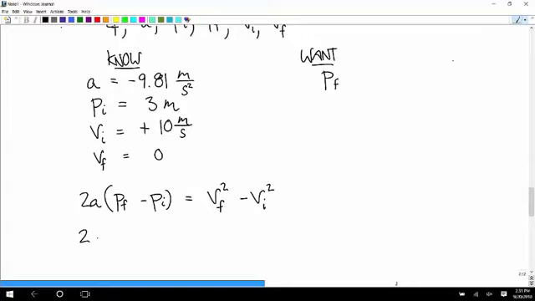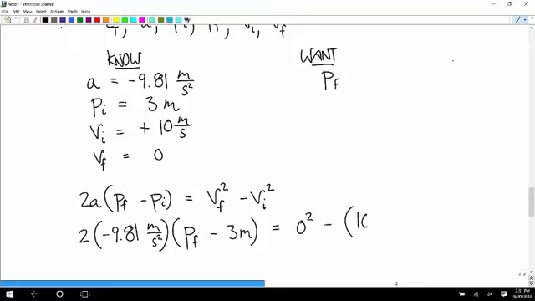And so 2 times negative 9.81 meters per second squared times the quantity PF minus 3 meters is equal to 0 squared minus 10 meters per second squared.